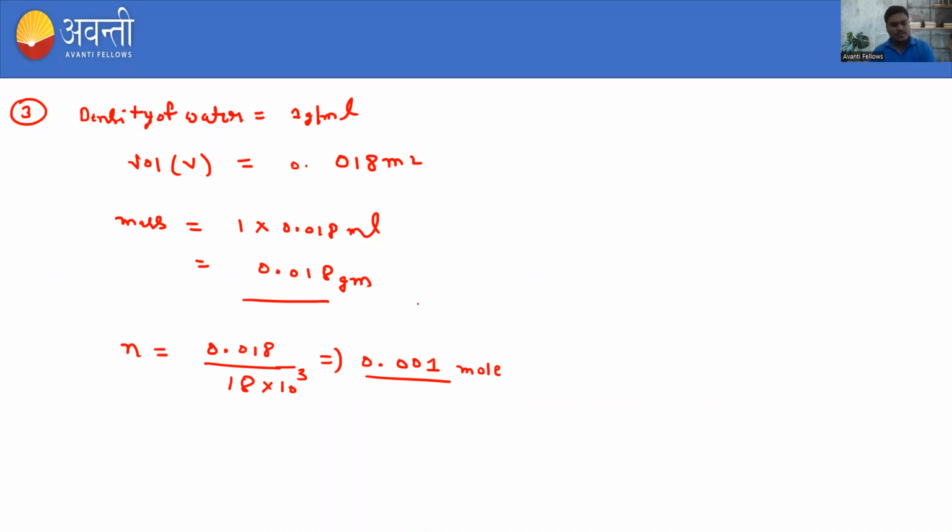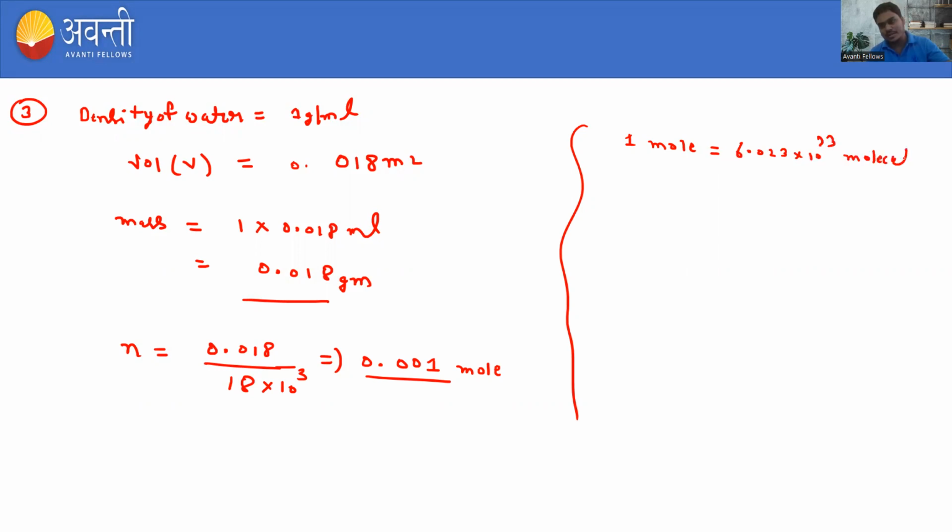Now we know by the mole concept that 1 mole of water contains how many molecules? That is 6.023 into 10 raised to the power 23 molecules.